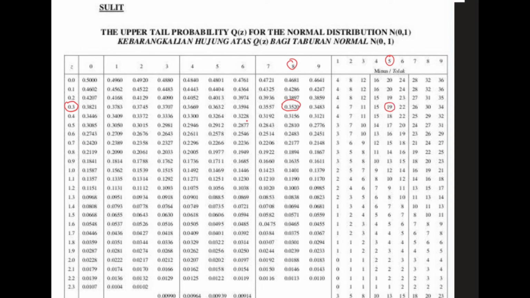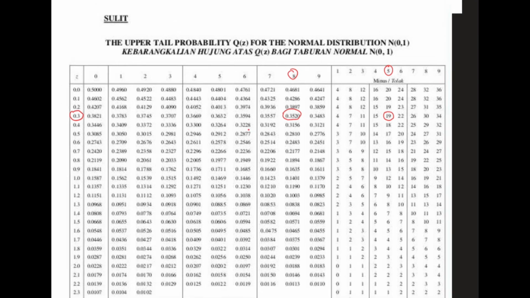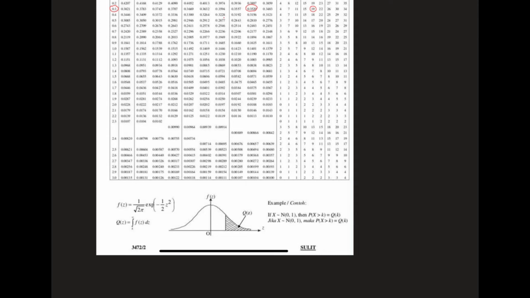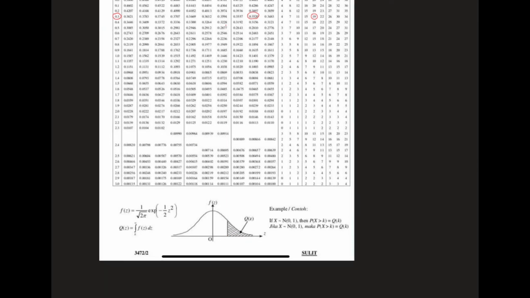This value, I have to minus with 19. 0.3520 minus 19, 0.3501. And remember, the probability that you get is the probability on the right of the Z-score.